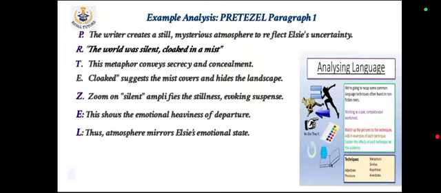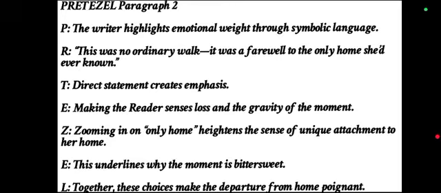Now let's move to the second paragraph. The writer highlights emotional weight through symbolic language. "This was no ordinary walk. It was a farewell to the only home she had ever known." Now, this is a direct statement creating emphasis, making the reader sense loss and the gravity of the moment.